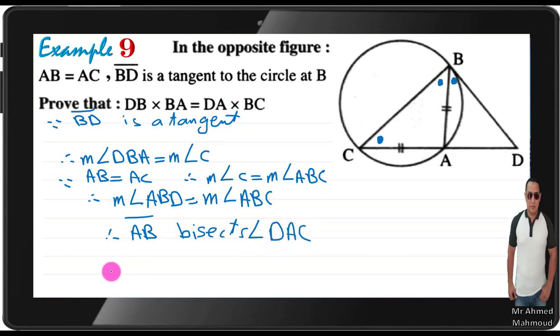Okay, therefore I'm going to use the rule of the division, because these two line segments depend on the rule of the division. So BD over BC equals DA over AC.